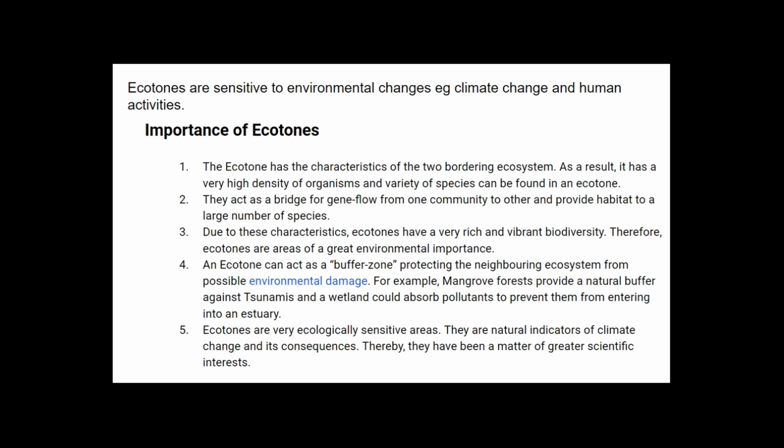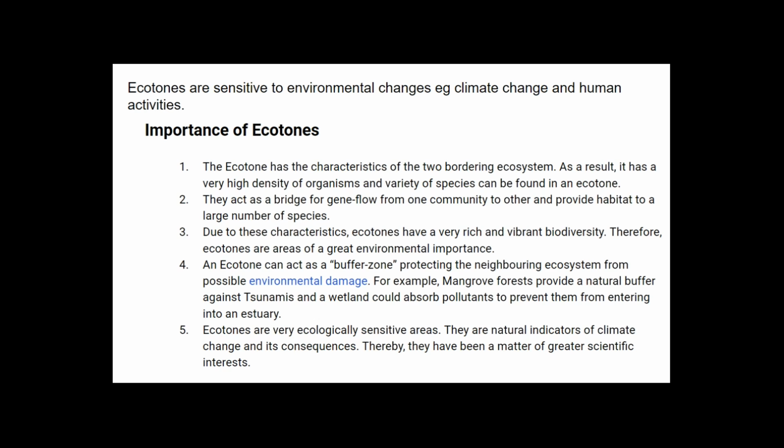They act as a bridge from one community to another and provide a habitat for a large number of species. In fact, some species are only found in the ecotone, but it also allows for gene flow.